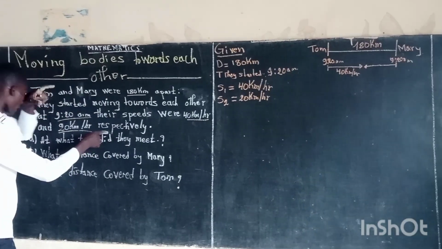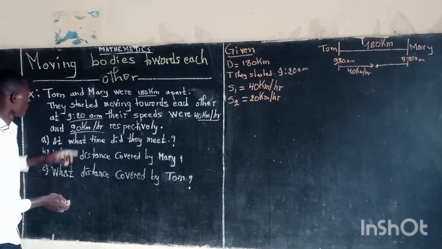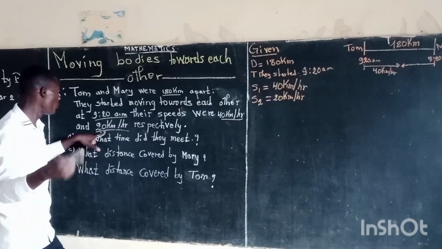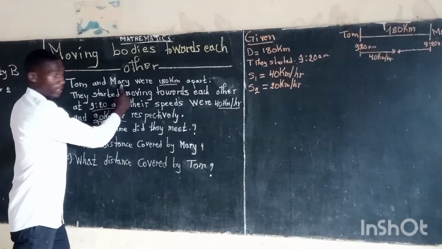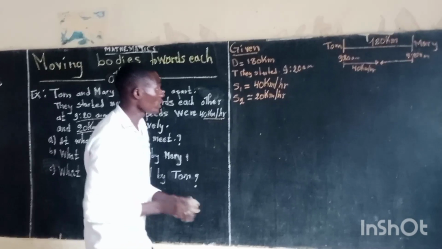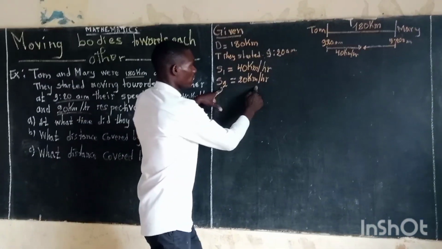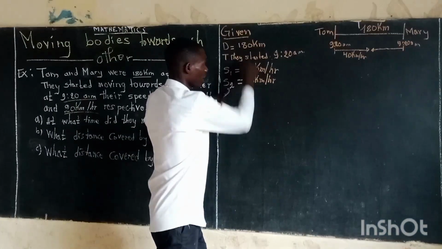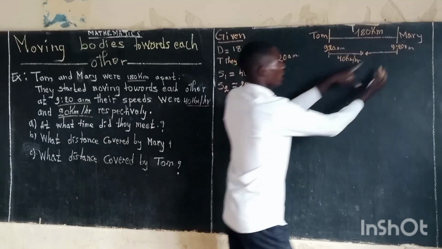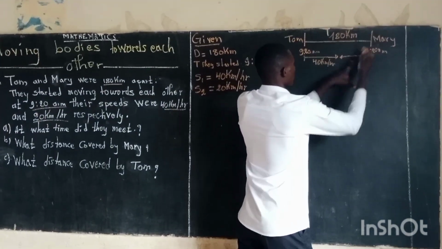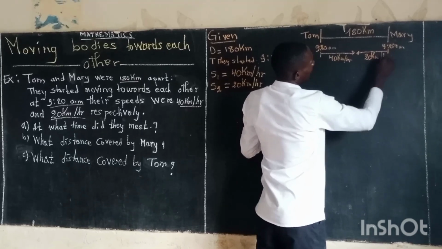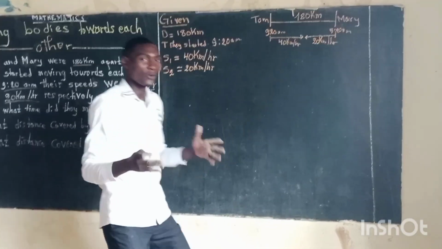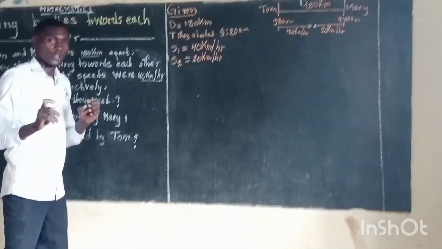According to this word respectively, the second speed should be given to the second person, which is Mary. So this second speed should be written here for Mary. So we write here 20 kilometers per hour.